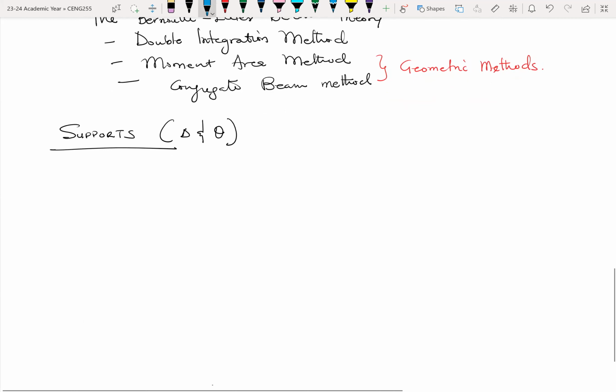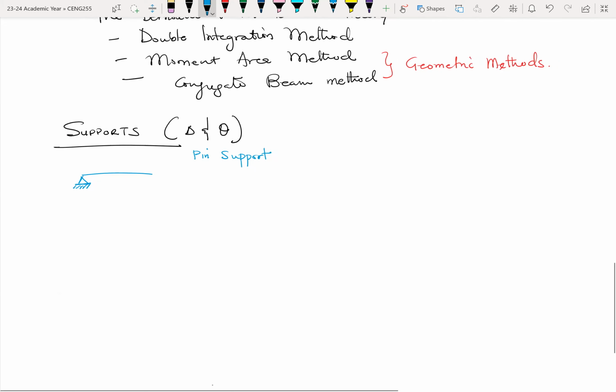So let's say I have this. We know this support as a pin support. When you have a pin support, this is typically how a portion of the deflected shape looks.